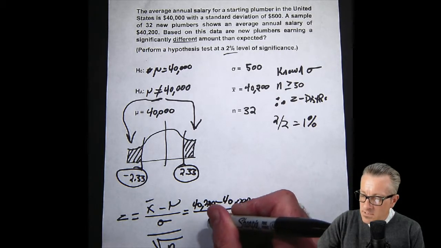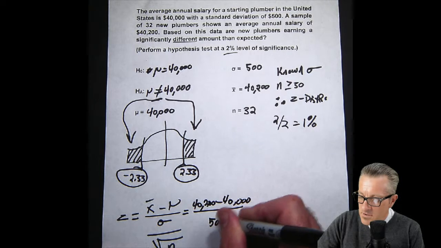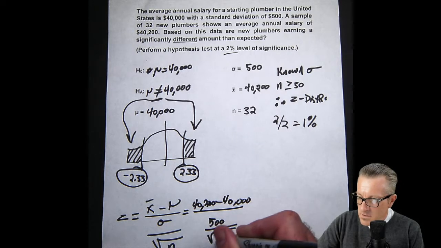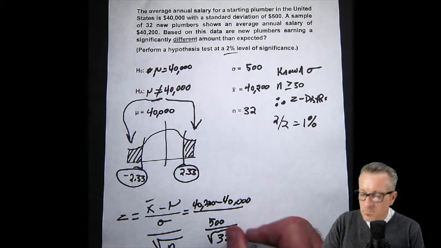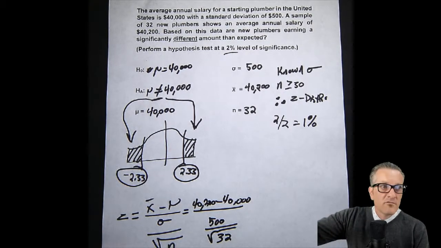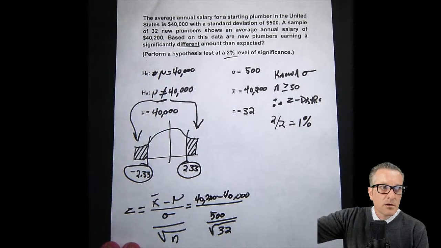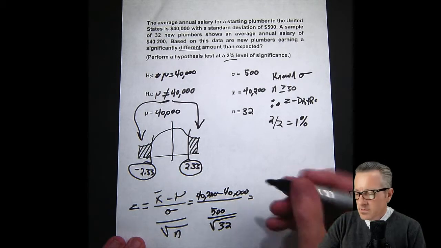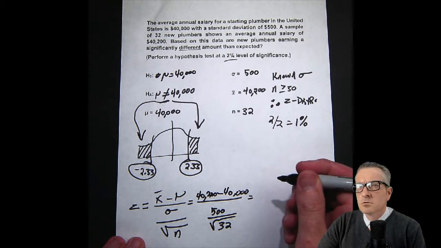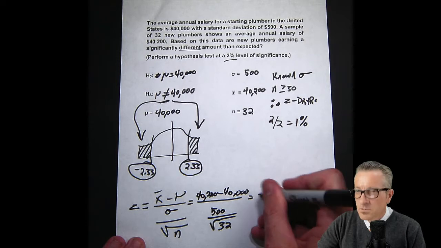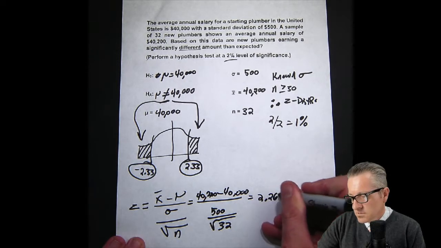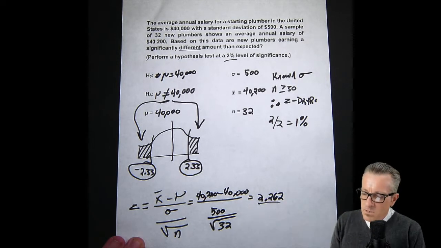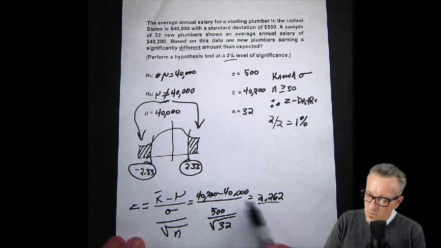And then sigma is 500. And that's what, 32. Okay. So I have already solved this. The answer here is 2.262.